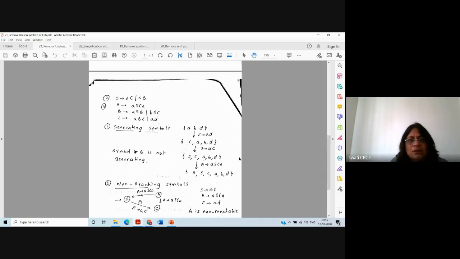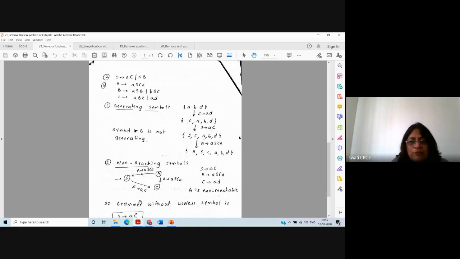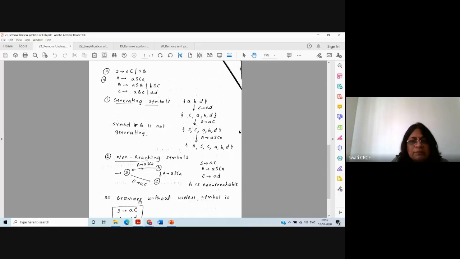Okay. So remember this, for removal of useless symbols, we have to remove the non-generating symbols first, and non-reachable symbols. And both the symbols are from the set capital V. Both the symbols are from capital V. Okay. So first assume that all the symbols of capital T are generating symbols, and then any variable which is generating any one of those terminal symbols or group of them is also generating.